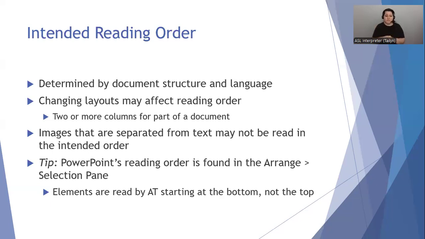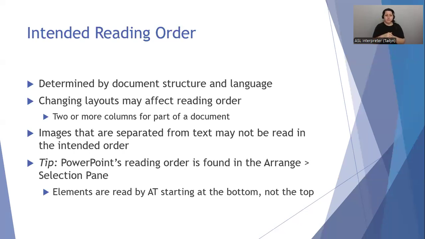You also need to make sure that any layout changes you make are not going to affect reading order. In a standard document, that's usually never a problem. However, if you start using more than a single column, if you start setting up 2 columns, if you start moving around images to interrupt paragraphs, those will affect the reading order, and you need to think about how that's going to affect the meaning that you are communicating to your users.